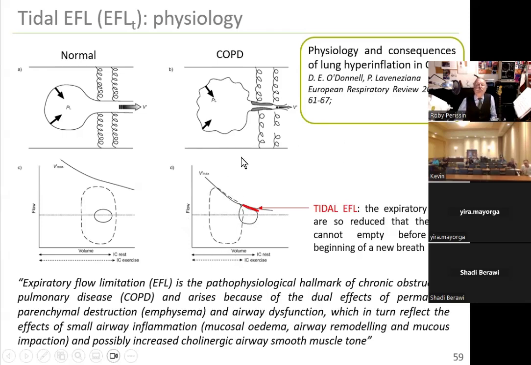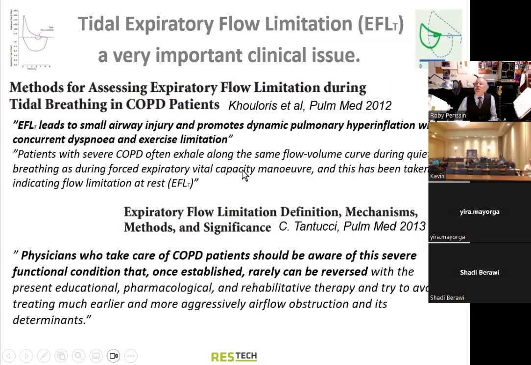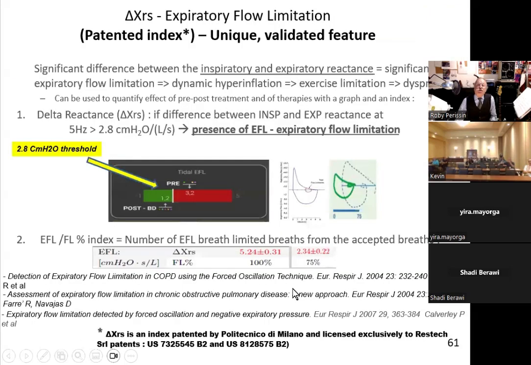It's been very well published, also using oscillometry, that expiratory flow limitation leads to dynamic hyperinflation and rarely can be reversed. So the graph that appears at the end, along with the two important ones that I showed you, shows the tidal expiratory flow limitation.